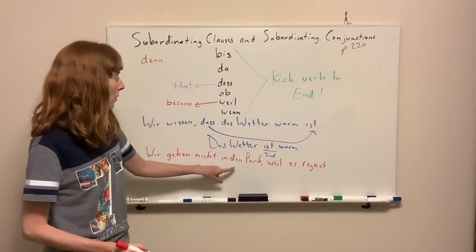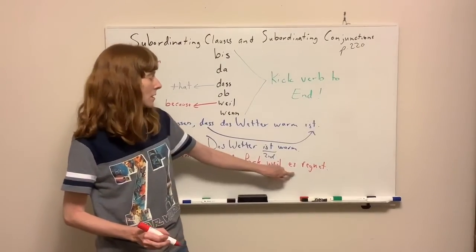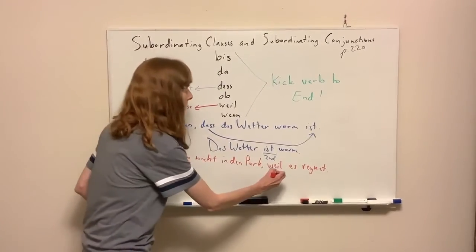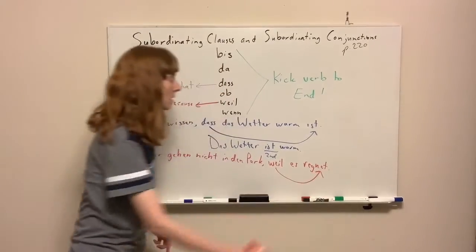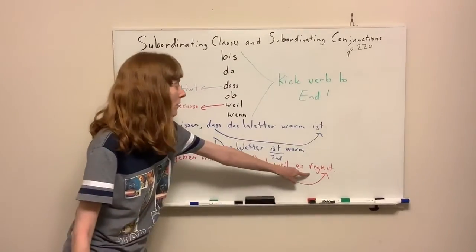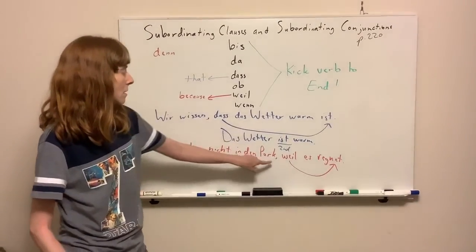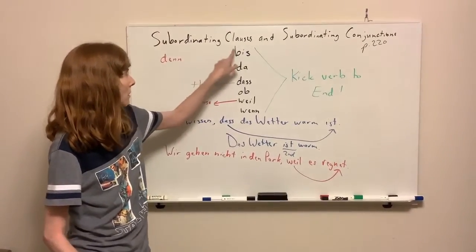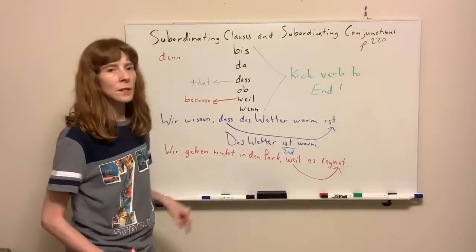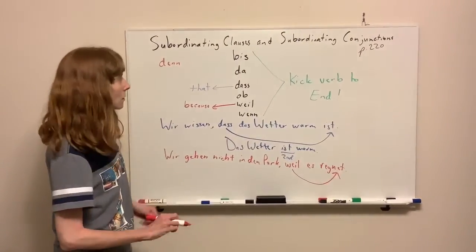We're not going to the park because it's raining. Once again, weil has kicked the verb to the end. Notice that between both of these sentences and the subordinating clause, I've got a comma. German puts a comma there, unlike English.